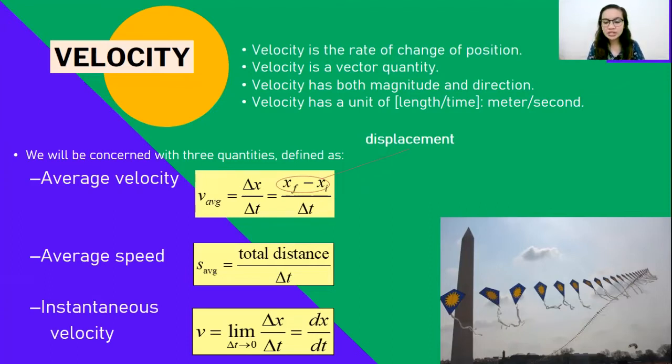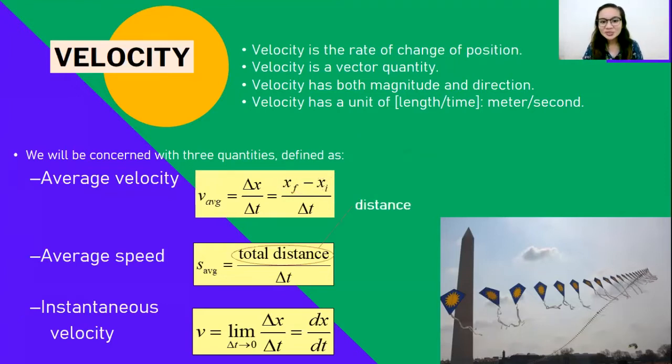And then your average speed, that's your total distance over elapsed time. Okay, and then your instantaneous velocity, this is your velocity at an instant, so it's given with dx over dt. So this is actually your differential equation on the derivatives. So derivative lang siya ni average velocity, that is now your instantaneous velocity.